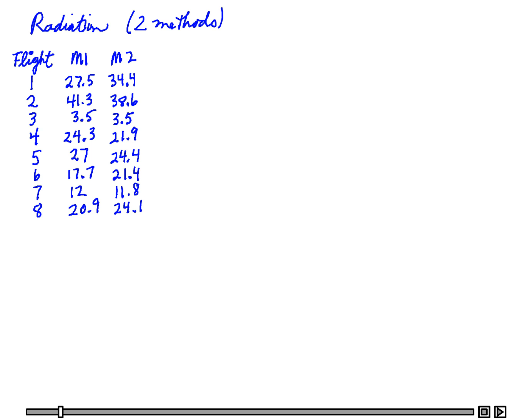In this particular type of test, although we are testing 2 populations, there is sort of a connecting agent between the 2. In other words, the flight. On the same flight, under the same conditions, method 1 is being used at the same time as method 2.